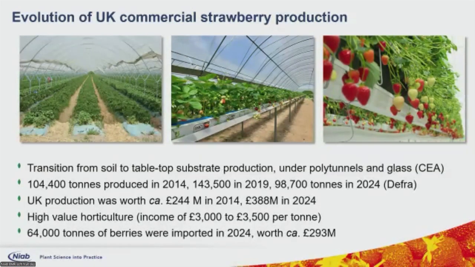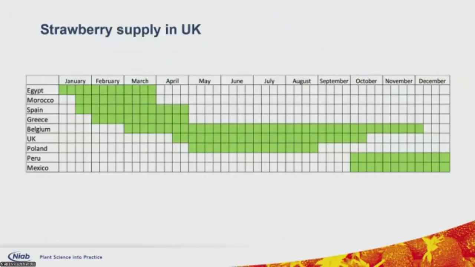Now, imports obviously have some benefits, but some negatives as well if you start talking about environmental sustainability. What we see is that we can cover the local needs with what we produce in the UK, and then we import either from Northern Europe or from Egypt, Morocco, Spain, Greece, or other places like that.